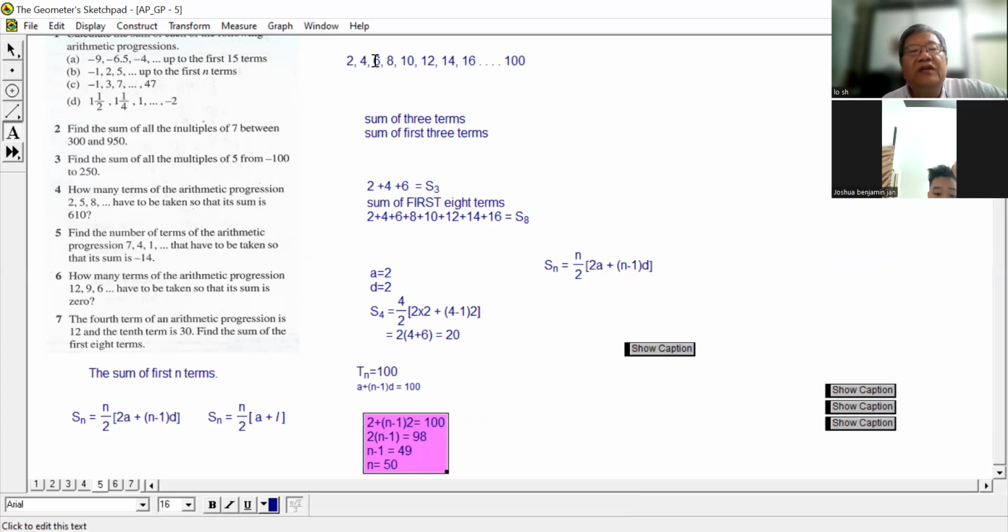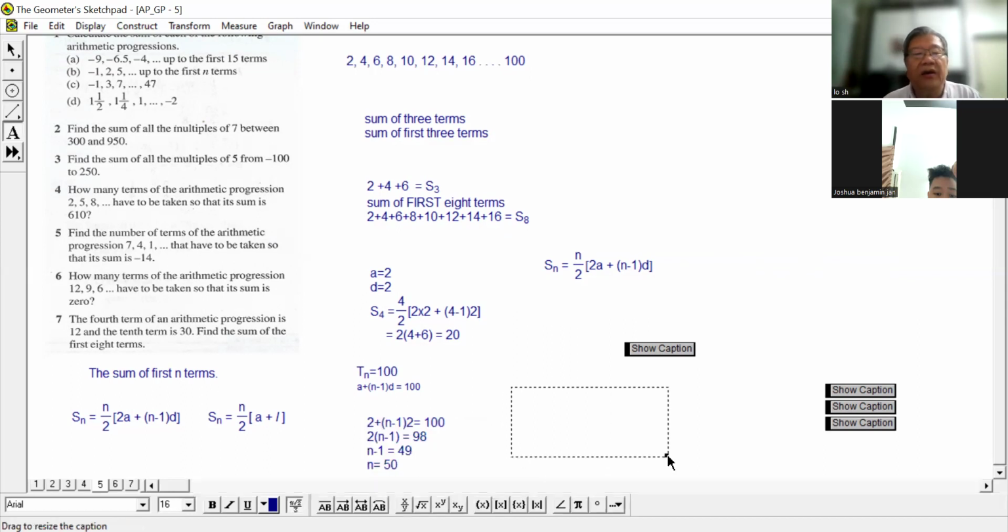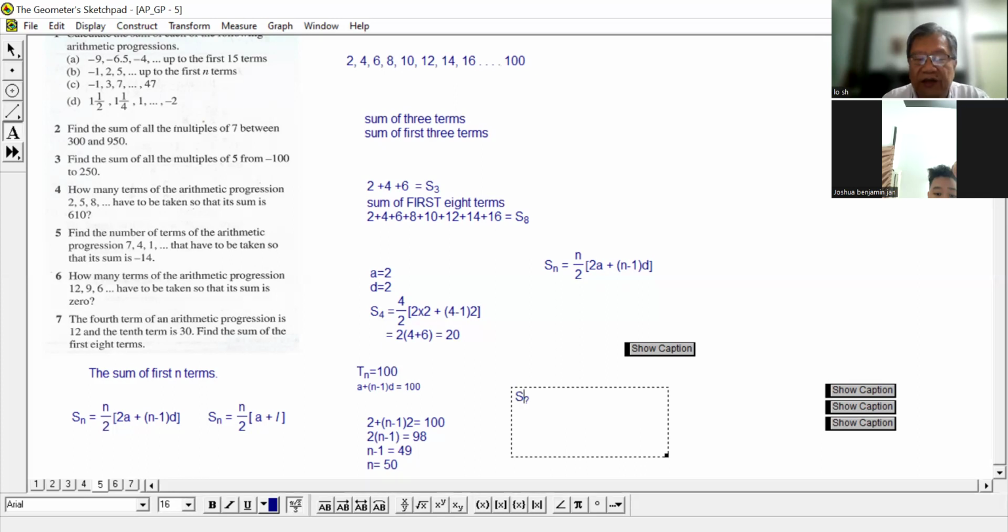Now I want to sum from 2 to 100. I don't want to use the first formula, I want to use the second formula. I know there are 50 terms, so I want to find S50.